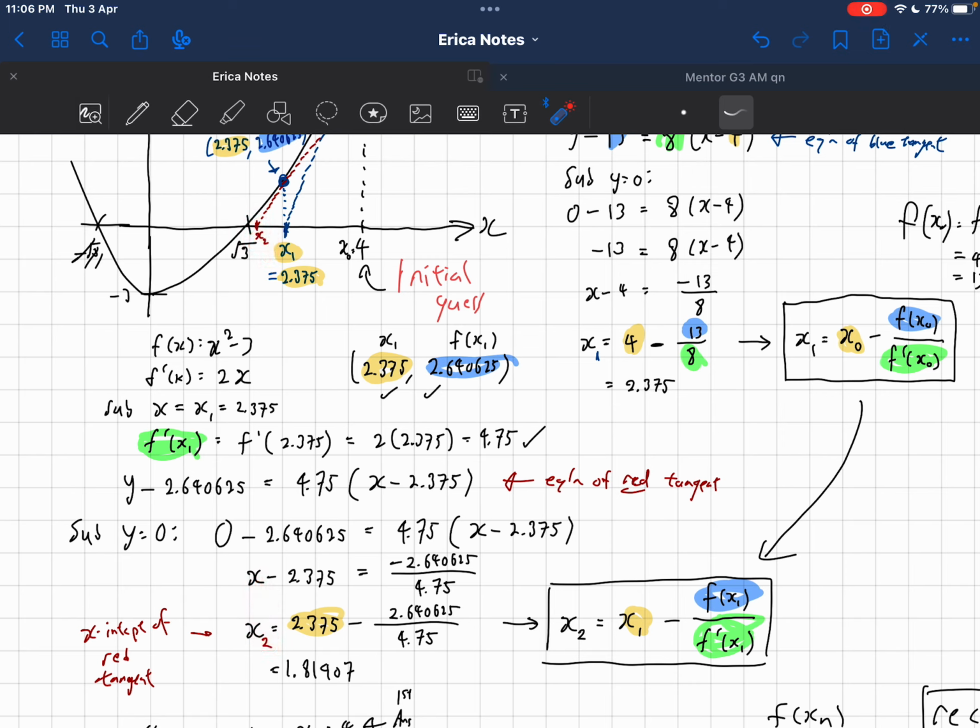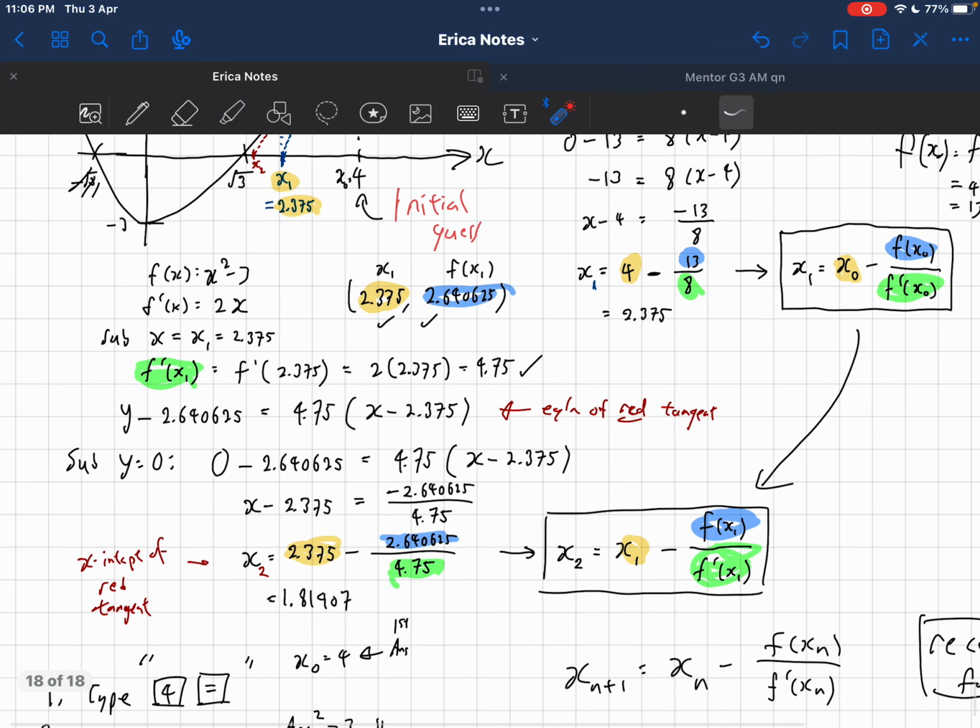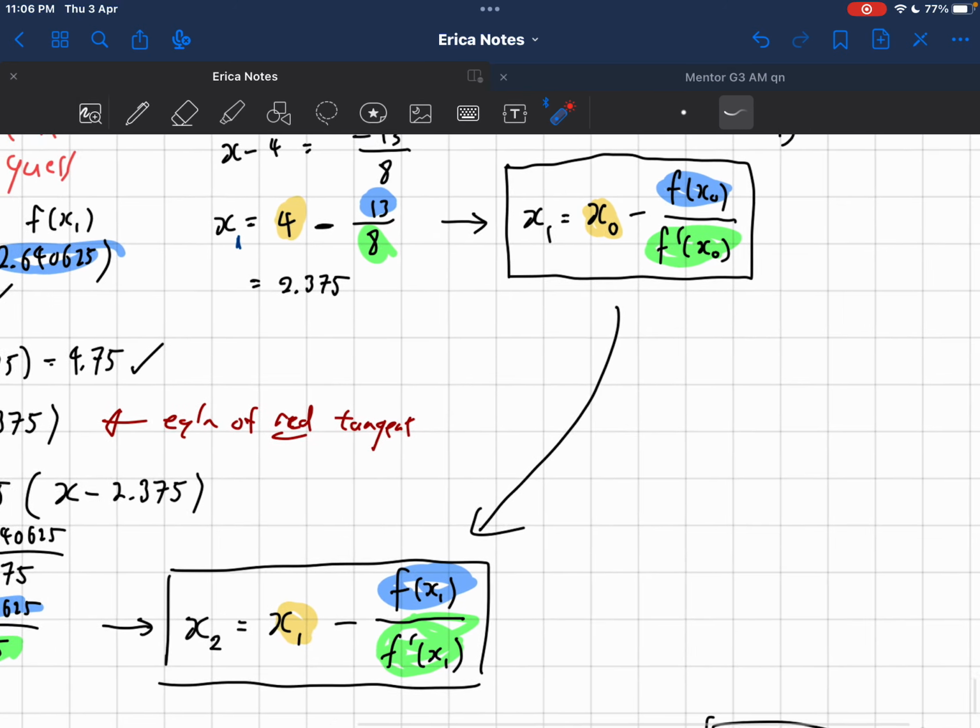So now we have yellow minus, let me color code this, 2.640625 is the y coordinate, so that's the blue. 4.75 is the gradient of the tangent, and then in general we now have x2 equals x1 minus f of x1 over f prime x1. X coordinate, subtract away y coordinate divided by the gradient of the tangent will give you the second point x2. Then can you see a pattern between the two formulas?